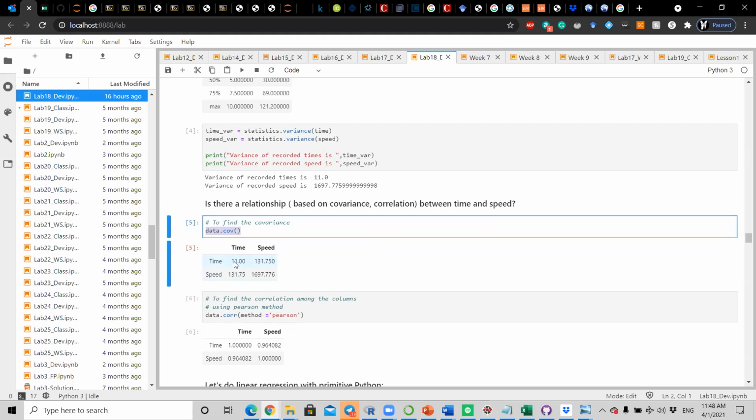So if you notice, between time and time, and between speed and speed, I have two numbers that should be familiar to you. Right? Yes. So the covariance of time with respect to time will be the variance of time. And the covariance of speed with respect to speed will be the variance of speed. Now, what you need to pay attention to is the covariance between speed and time. What does this number tell you?